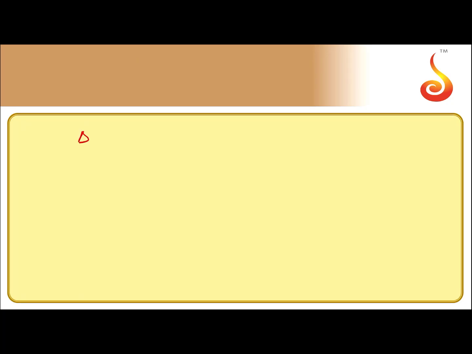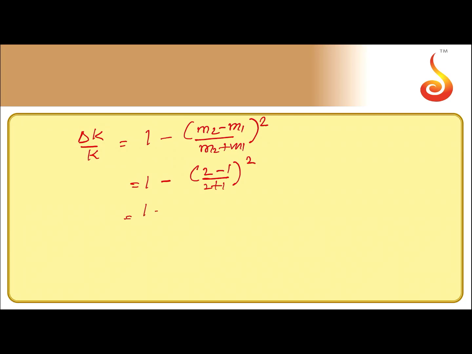The fractional loss in kinetic energy is equal to 1 minus (m2 minus m1) divided by (m2 plus m1) whole square. So I can write it as 1 minus ((2 minus 1) divided by (2 plus 1)) whole square, 1 minus (1/3) whole square, 1 minus 1/9, and this becomes 8/9, right?